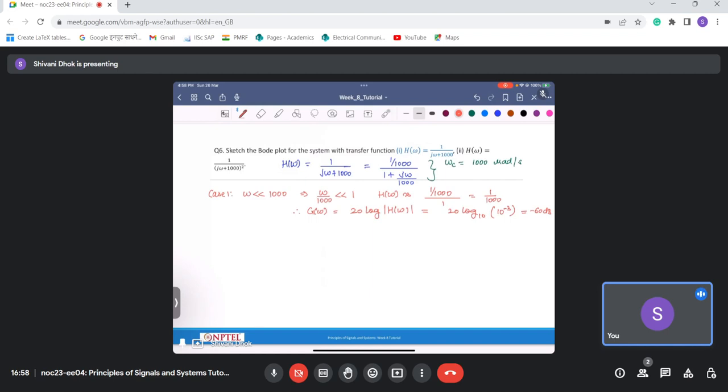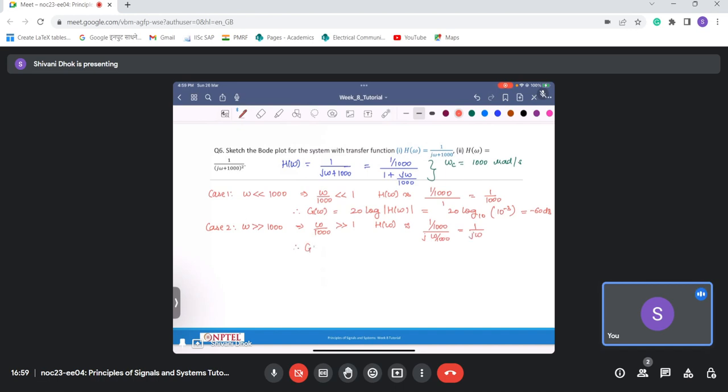Now let us consider case 2, where omega is very large compared to this corner frequency, so omega by 1000 is very large compared to 1. Therefore, H of omega can be written as approximately equal to 1 upon 1000 whole divided by j omega by 1000, which is equal to 1 upon j omega.